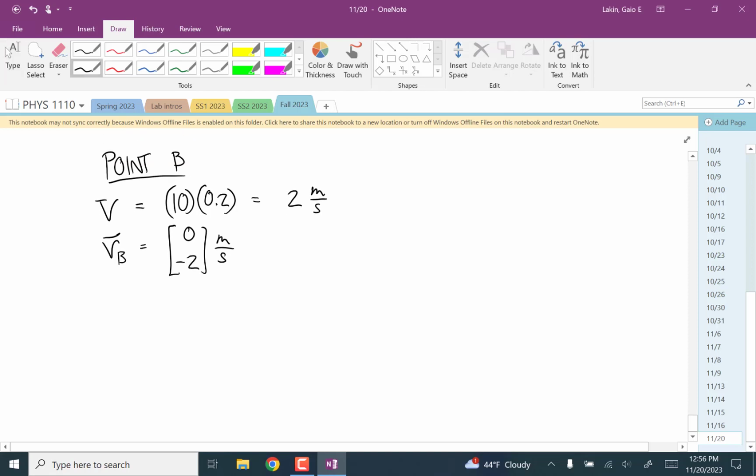And then for the acceleration, the magnitude of the tangential acceleration is the absolute value of the angular acceleration, that's 20, times r of 0.2, and so you get 4 meters per second squared.